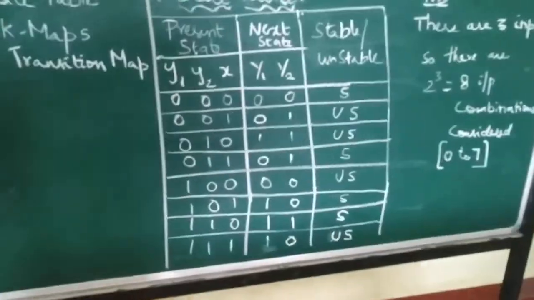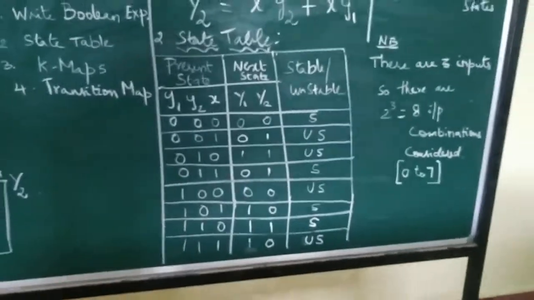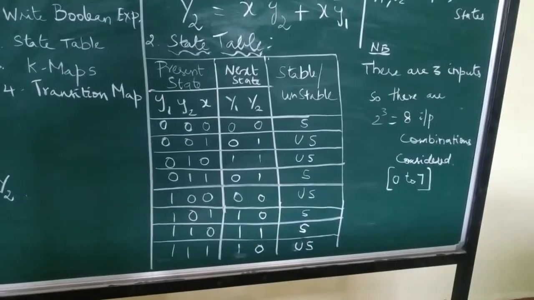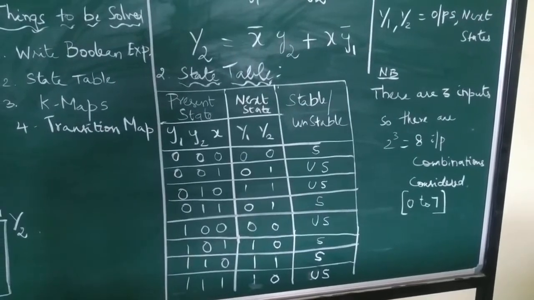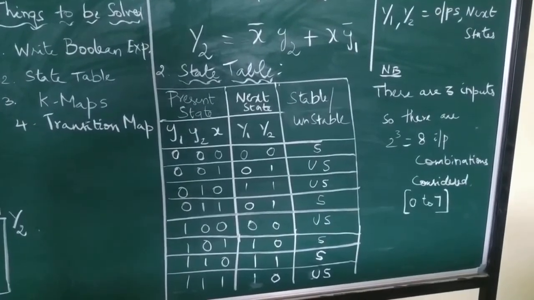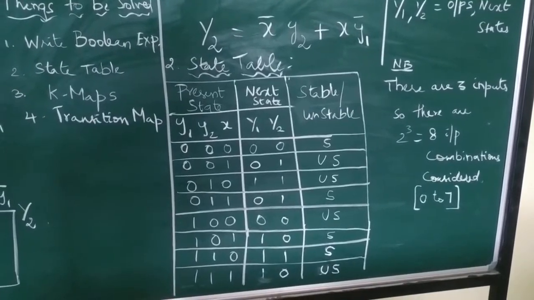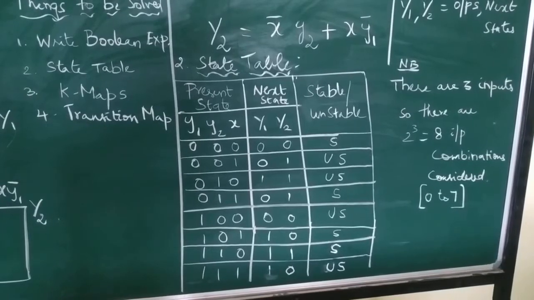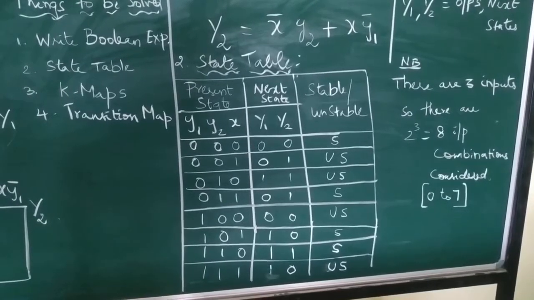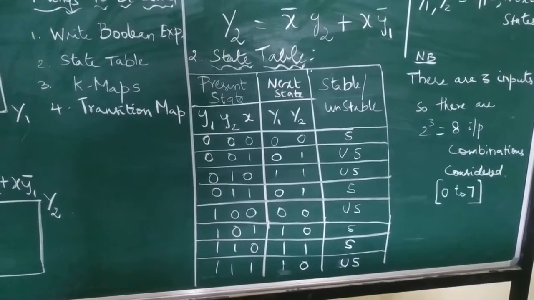Why have we taken a 3-bit combination? I have given a note for your reference. There are 3 inputs, so the integral power of 2 is taken as the input combinations. So 2 power 3 is equal to 8 input combinations are considered, from 0 to 7.